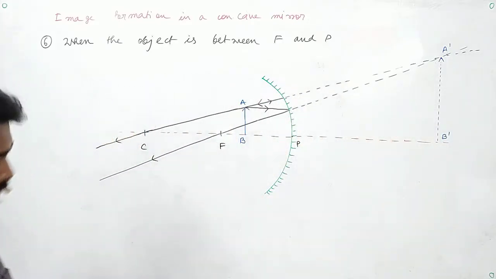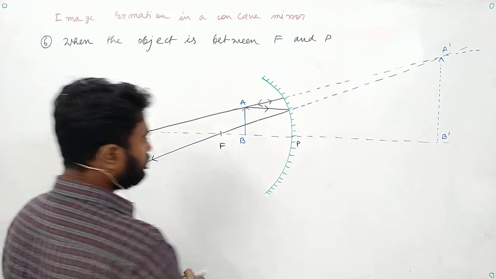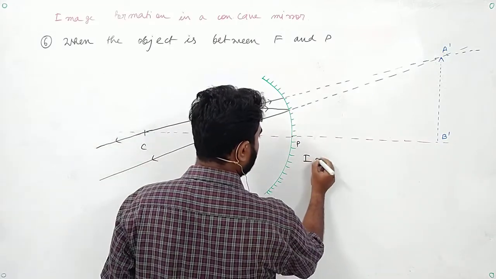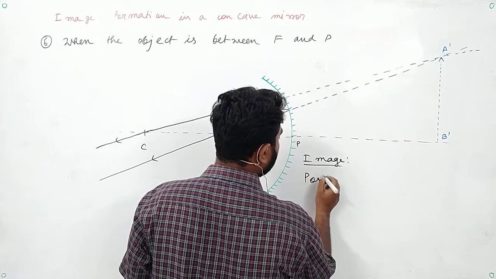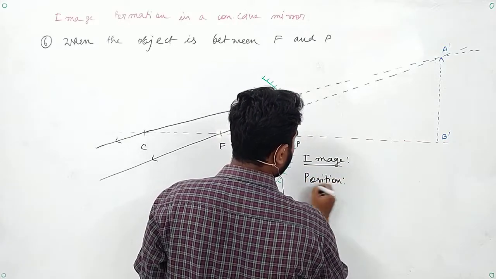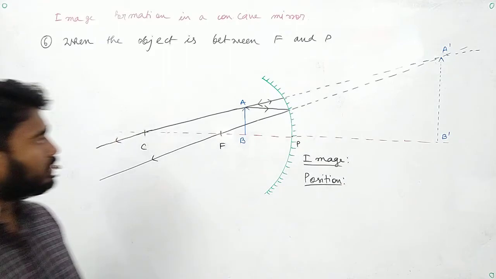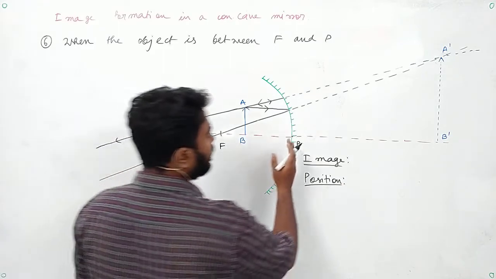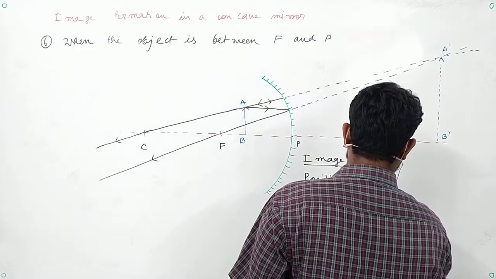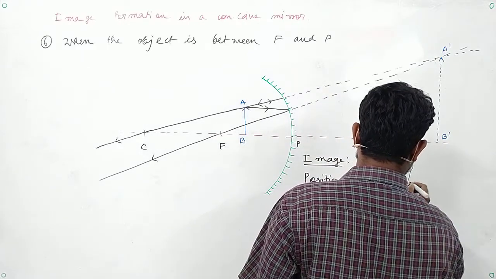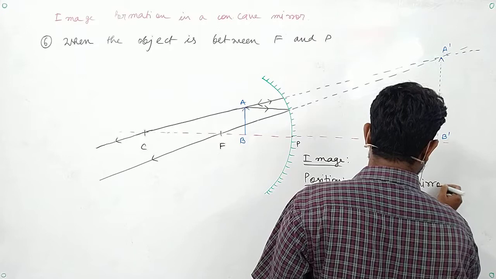Now, properties of image. First we will do the position of the image. See, the image is behind the mirror.